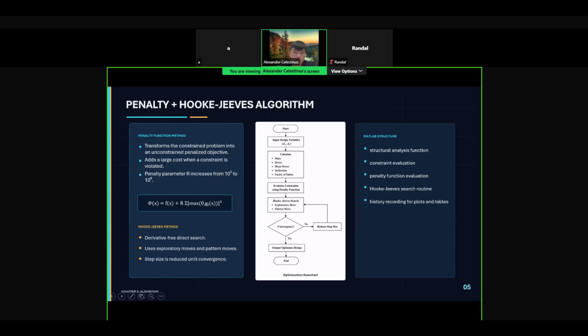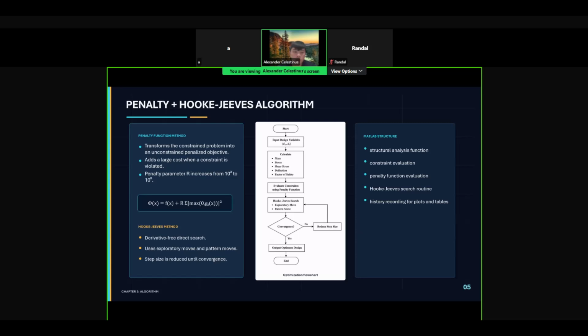And next is penalty plus Hooke-Jeeves method. The first method is the penalty function method, which converts the constrained optimization problem into an unconstrained problem.